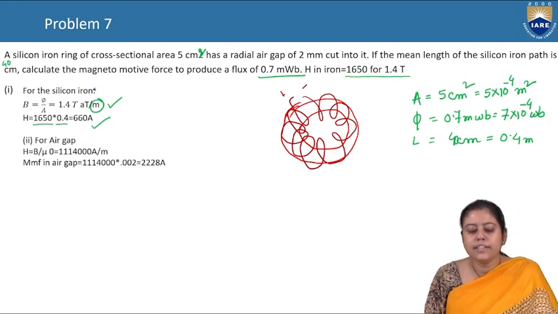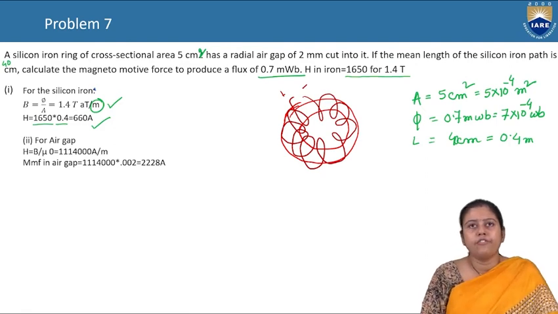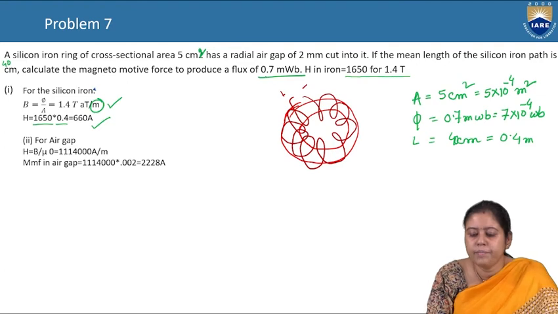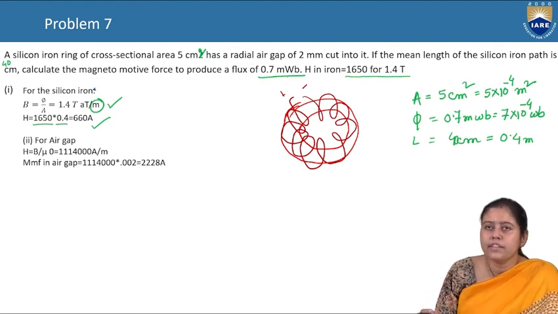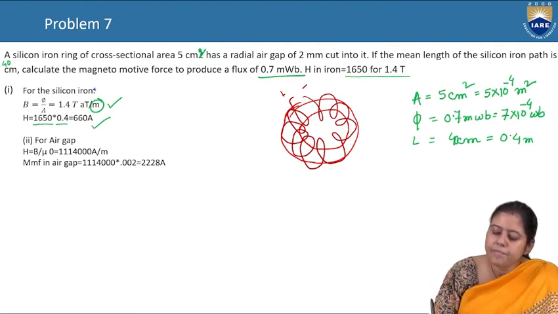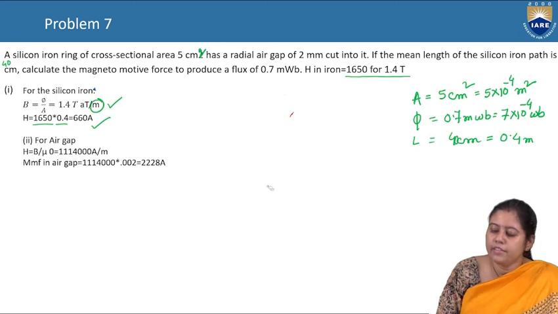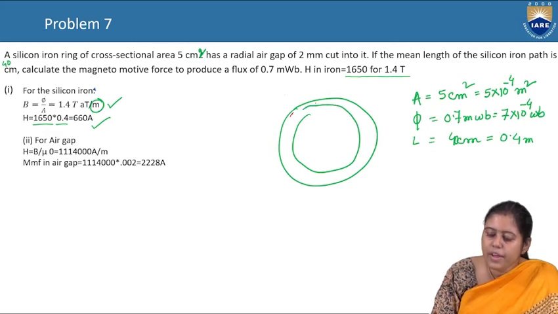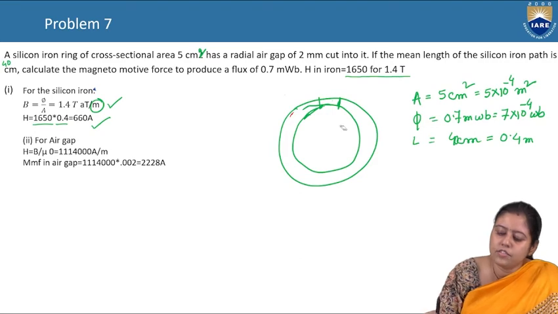Now we are thinking about the air gap. For the same iron ring, we have cut a small portion.